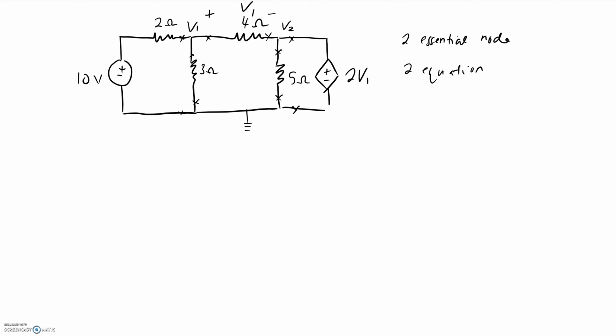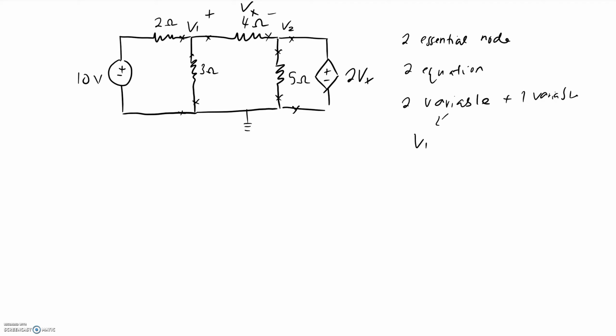So first, how many variables? 2 variables, plus another one variable, which is the constraint. So I choose here as Vx. Okay, Vx.